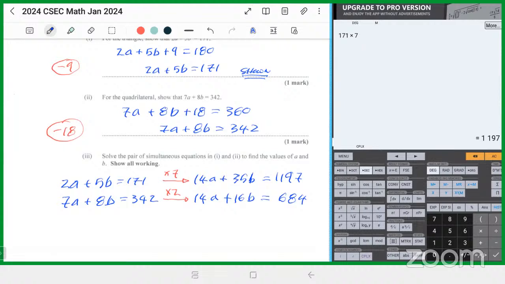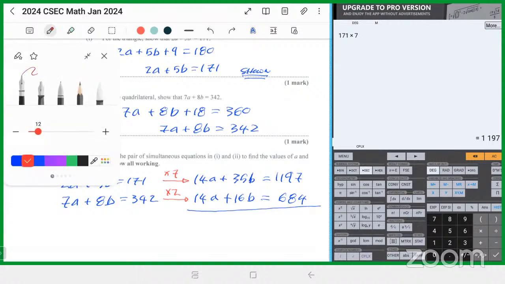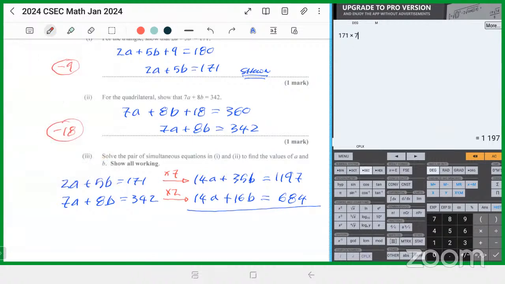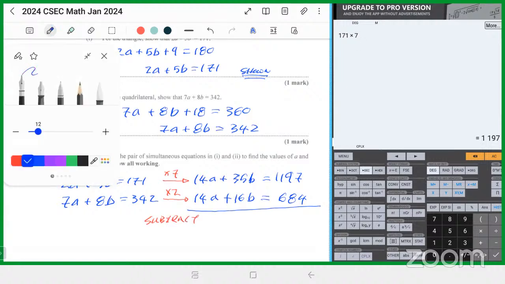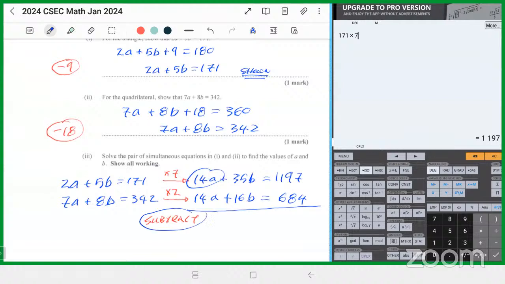And then to eliminate the A terms, I have to subtract the two equations. I'm going to do the top one minus the bottom one. That will eliminate the A first. As I said, this 14A minus this 14A, the A is eliminated.